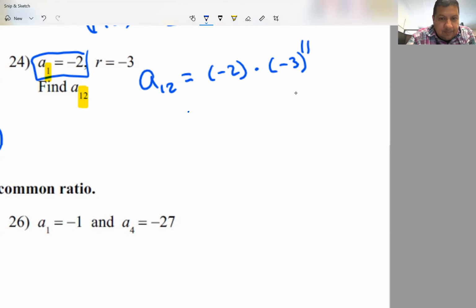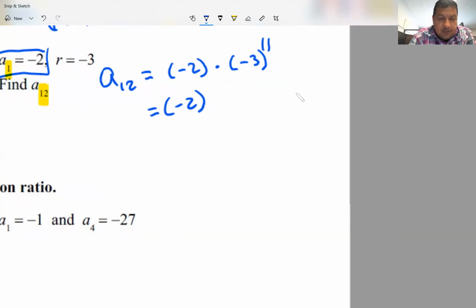All right, so let's see my work. My first number, my -2, nothing I'm going to do to that number. Now, let me find out what -3 to the 11th is. Like I said, use a calculator. -3 to the 11th gives me -177,147.